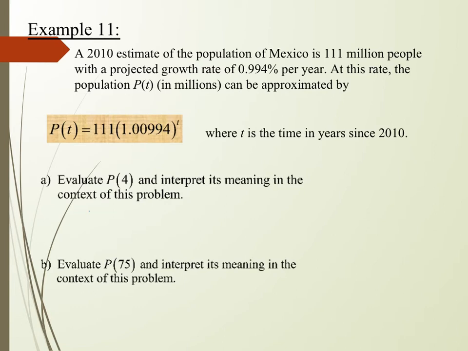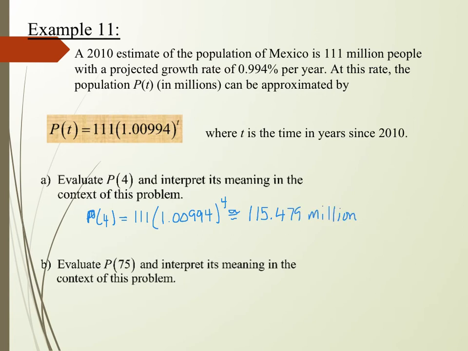So P of 4 is going to be 111 times 1.00994 raised to the 4th power. And when we did it on our calculator, we got approximately 115.479 million.